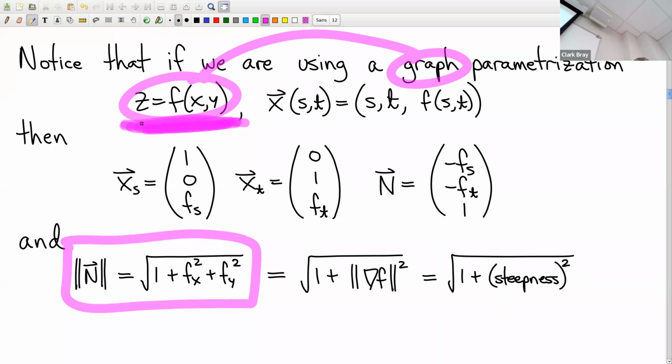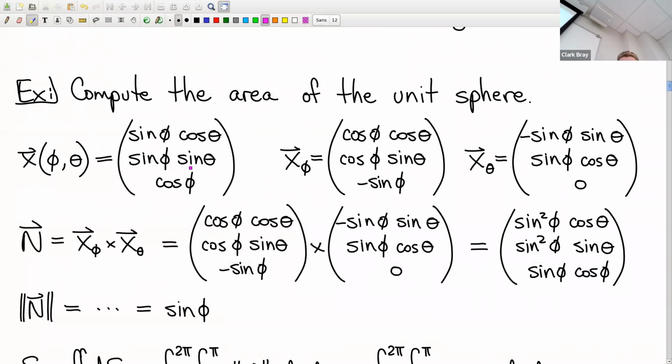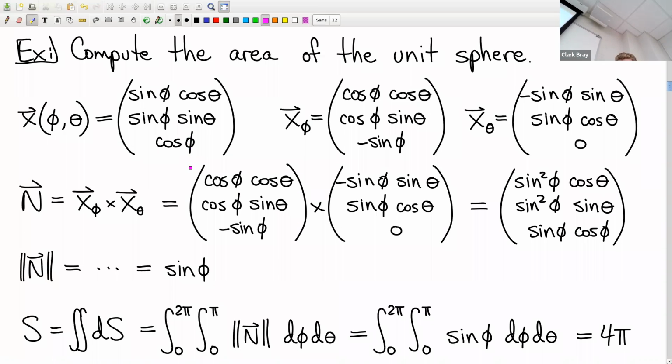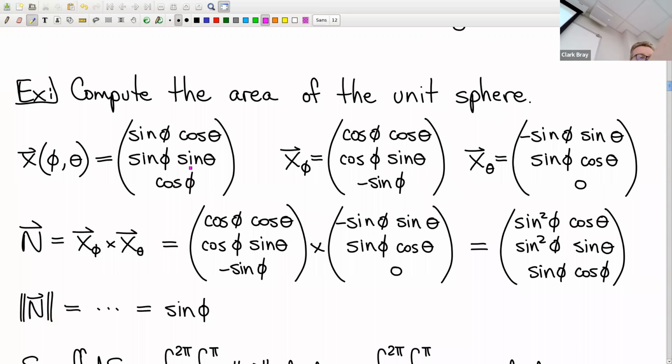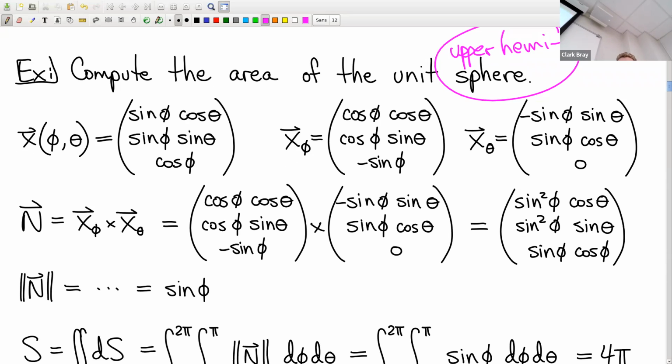The other thing is sometimes the surface that you're interested in, while it is a rectangular graph, is really better viewed other ways. So we have already got, in fact, an example of this. If we look at this example here, and suppose I was looking at the upper hemisphere instead of the full sphere, right?